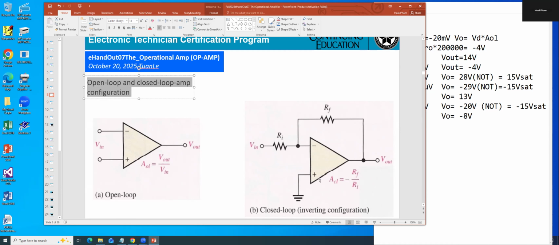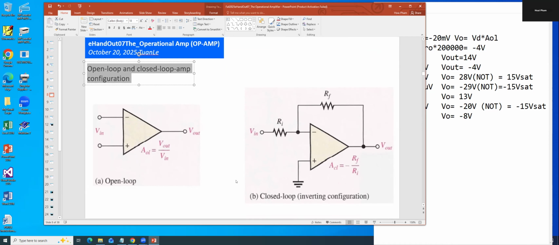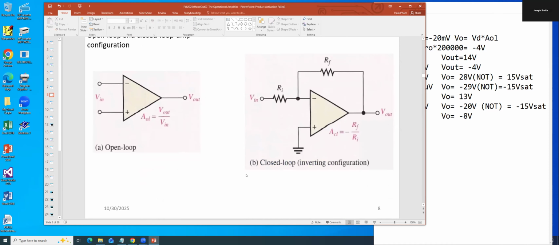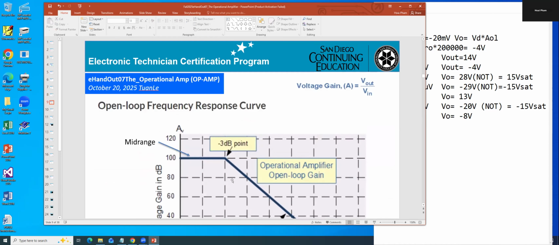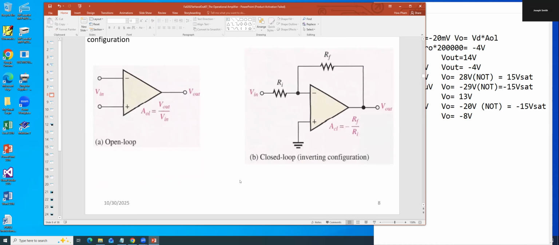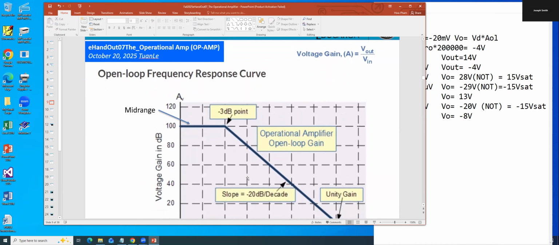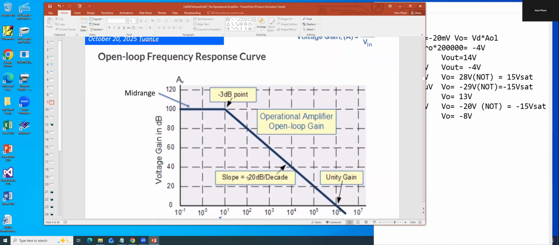When you go into this circuitry, you can see the closed loop gain equals minus RF over RI. And we know it's inverting because the signal is going into the minus. For closed loop gain, you have to have a feedback resistor. That's the name. When we go to the inverting amplifier.